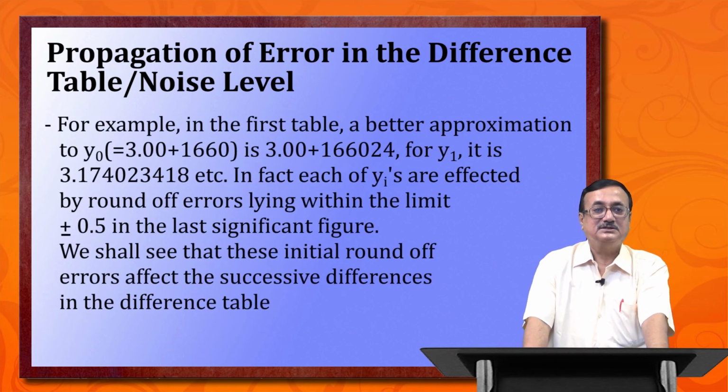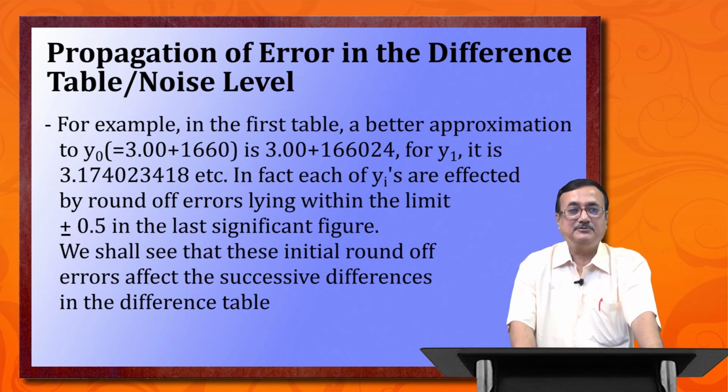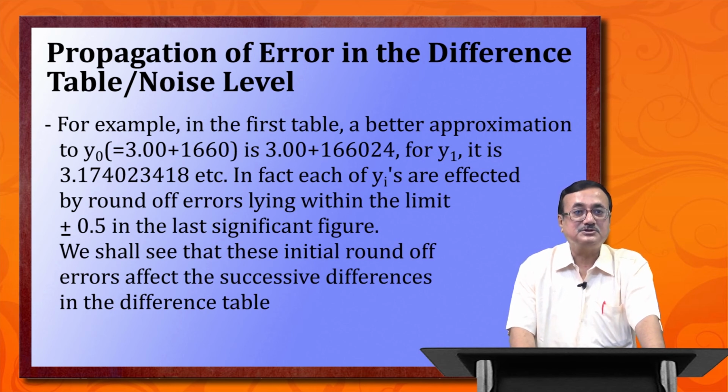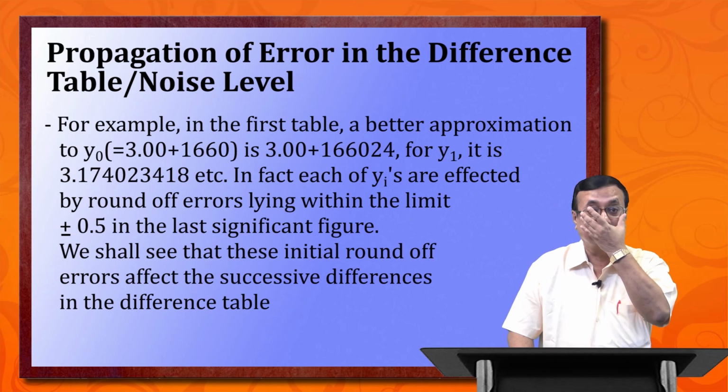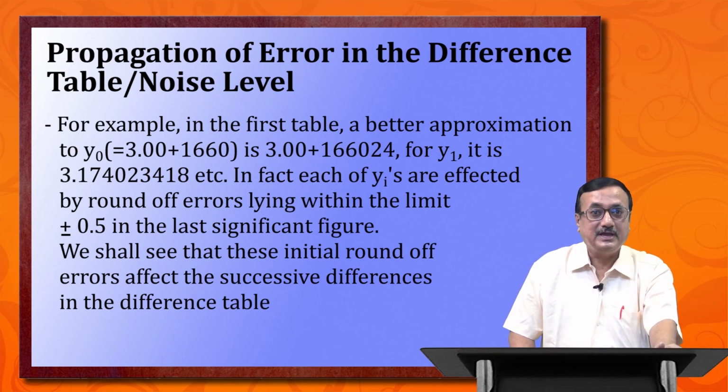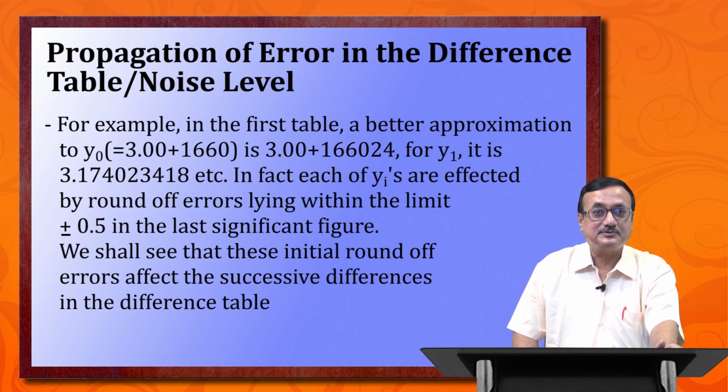Now, what is the result if we have rounding errors? In our earlier table, for the value 3.1740234, the actual result may be 3.174023369.